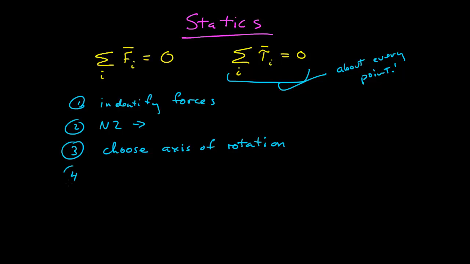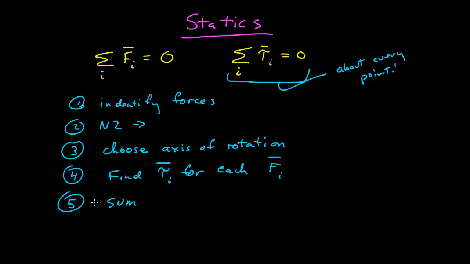Once you choose an axis, you can find the torques for each force, and then you can vector sum the torques to 0.